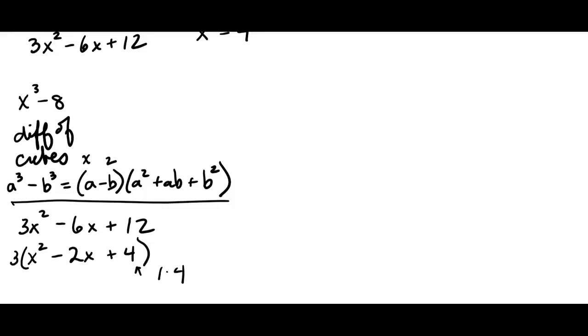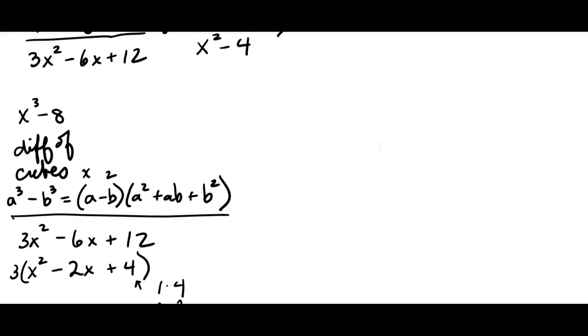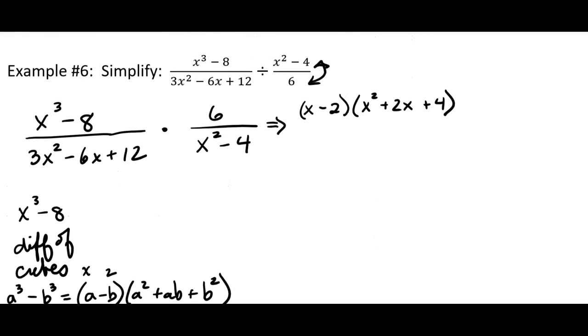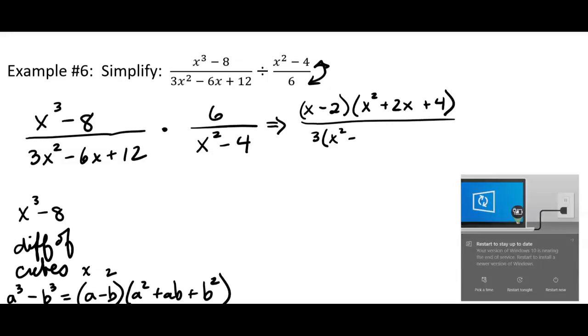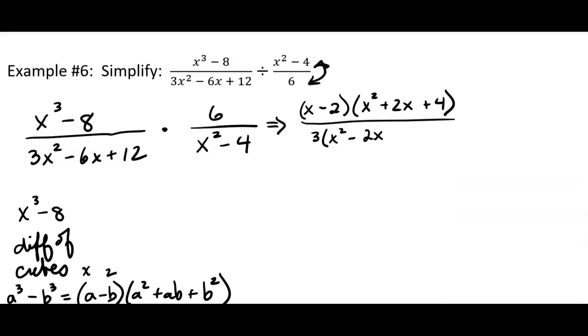It could have been 2 times 2, but again, they both have to be negative, and you're not going to get a -2 out of that. So this time, that one doesn't factor anymore. Kind of unusual. Okay, so we'll just write it. 3 times x squared minus 2x plus 4.